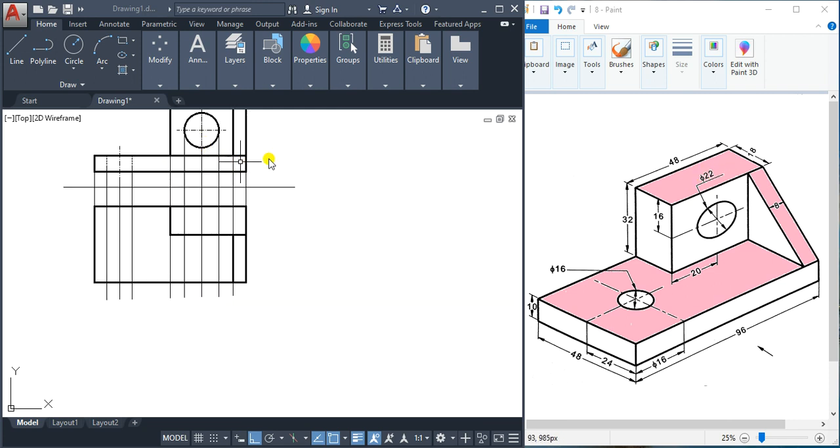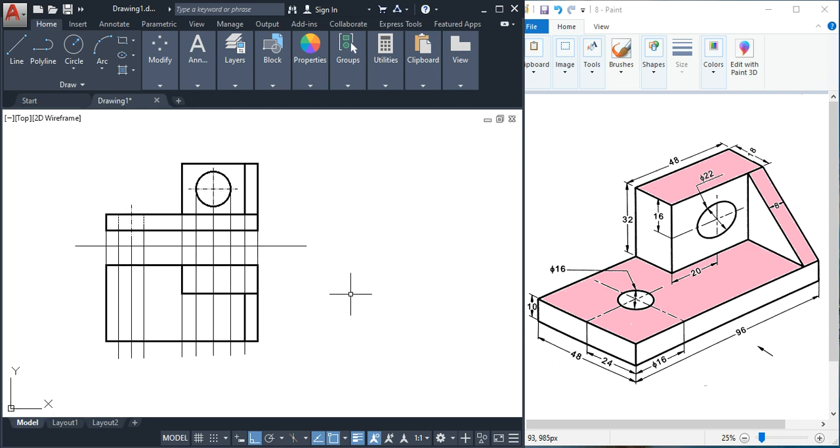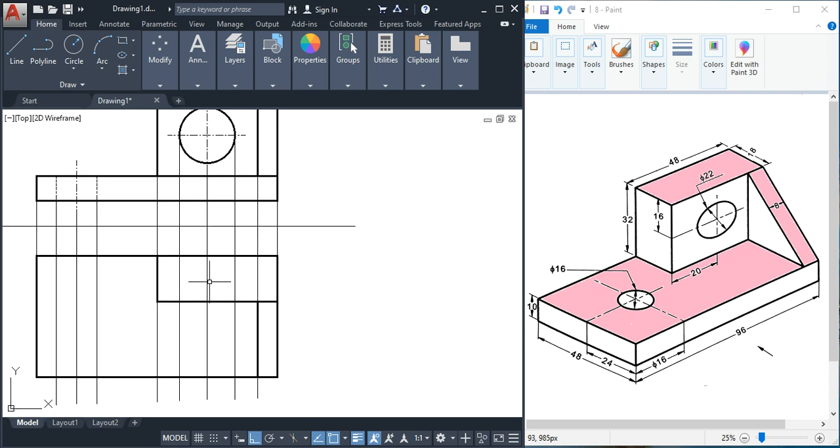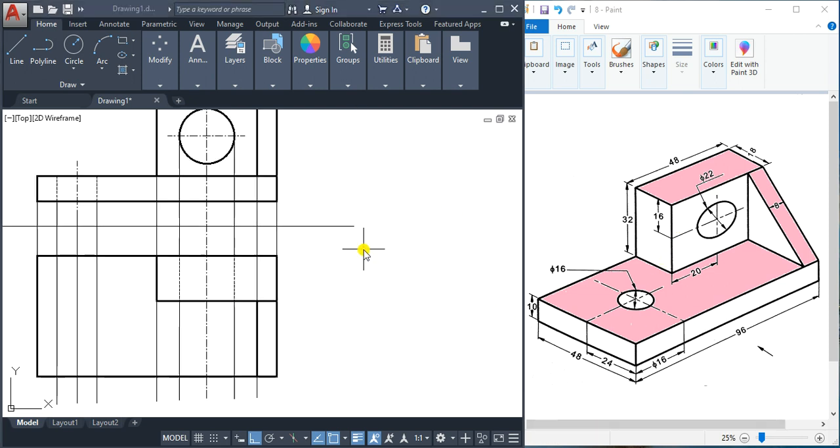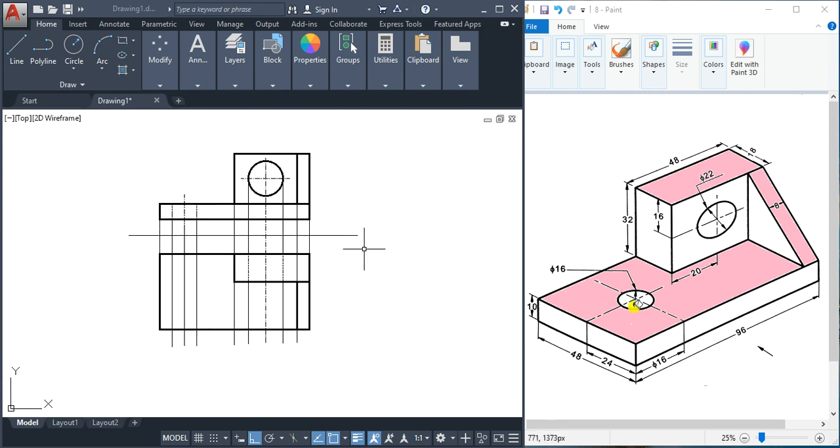If you see, this is the center, so this will become the center line, and these two lines we'll make as dotted lines, because in this direction this is not visible but it is there, so to represent that we'll indicate those lines with dotted lines. And here you have to draw this circle.